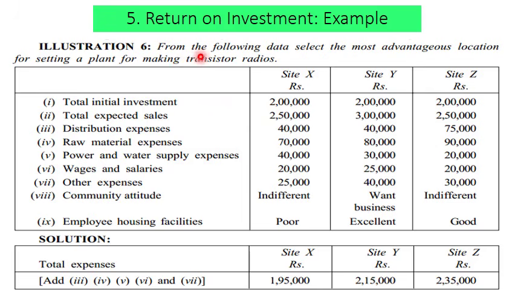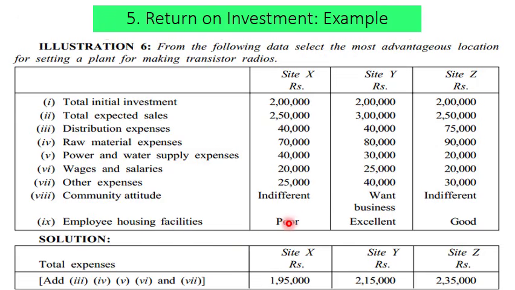Let's see this example. From the following data, select the most advantageous location for setting a plant for making transistor radios. These are the expenses for each location: Site X, Site Y, Site Z. As you see, there are some intangible costs, that is community attitude, here indifferent, here business excellence, and here indifference.